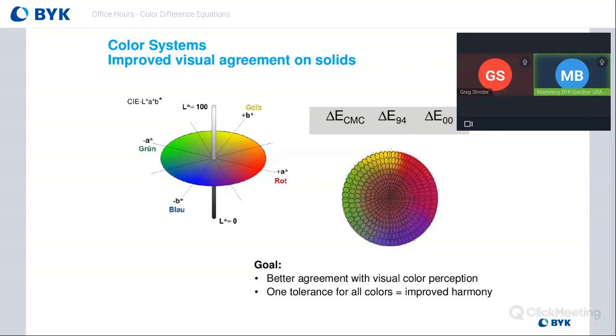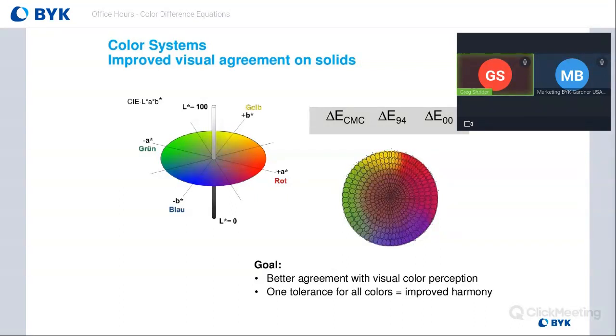Mark has a question. Is DE2000 the current best formula to use? Are they working on any others like CIECAM02 or others? So I'll answer that in reverse. They're always working on new things. It just becomes harder and harder to make significant advancements to formulas that are correlating to visual evaluation. And a lot of the advancements have been in the area of multi-angle color measurement with effect pigments.